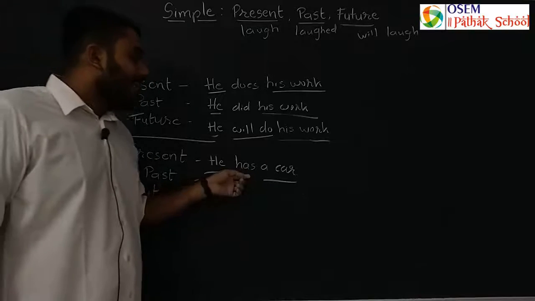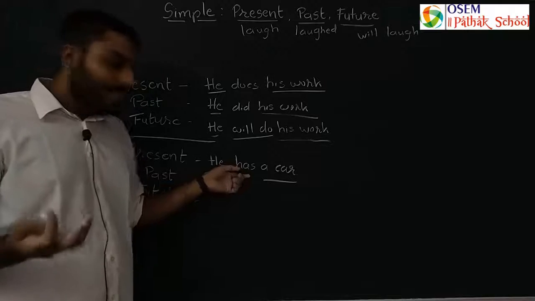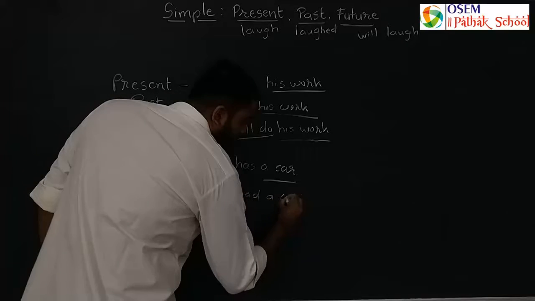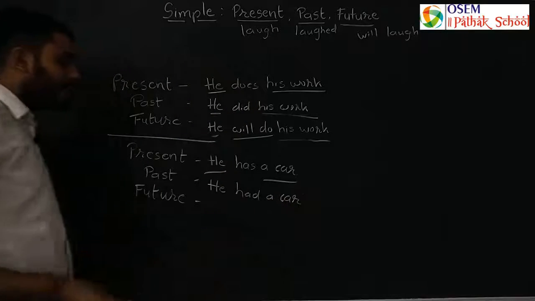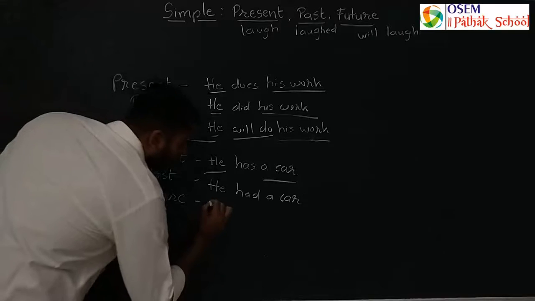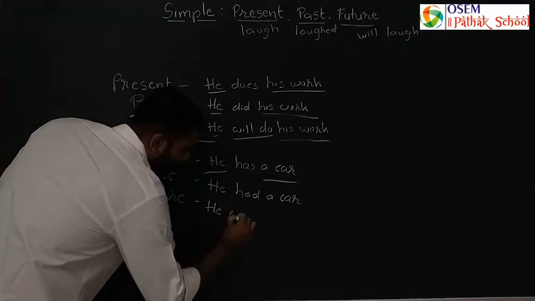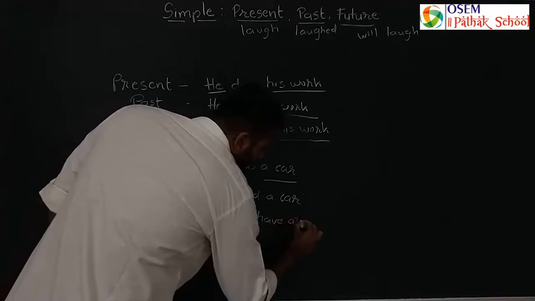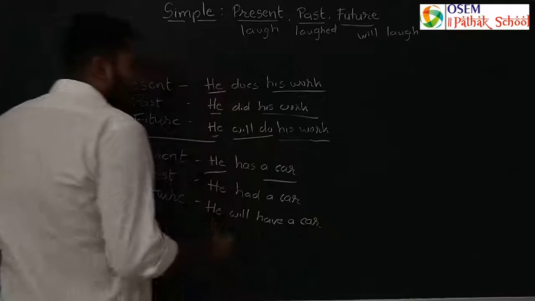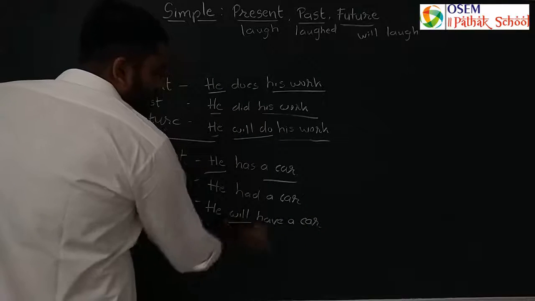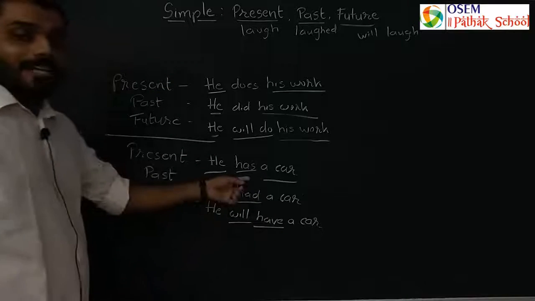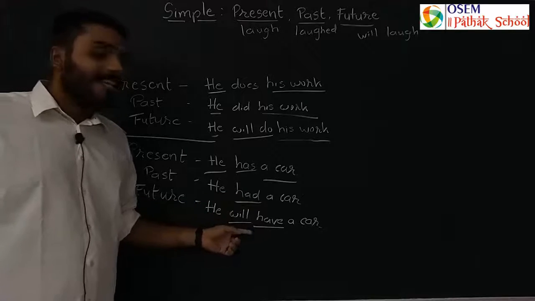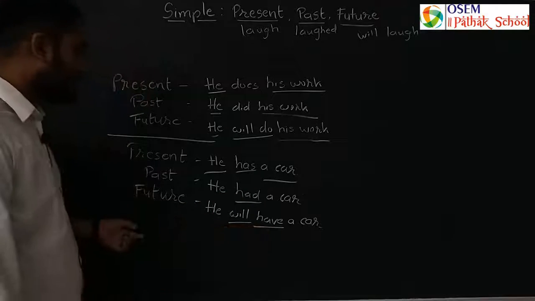What did I say? We will change has into had, right? He had a car. In future tense, we will write he will have a car, right? So what we did here is we changed has with had, and lastly we have to change it to will have, right?